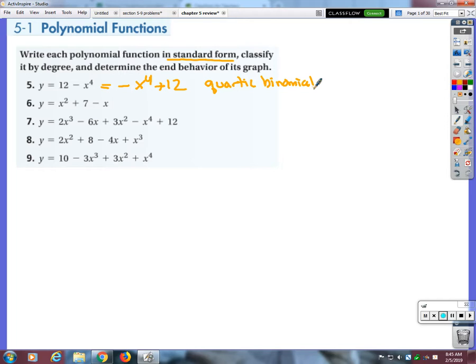Well, I'm glad we're reviewing it then. The degree is even, but the lead coefficient is negative. So what does even negative get you? Down, down. And that's a down, down.